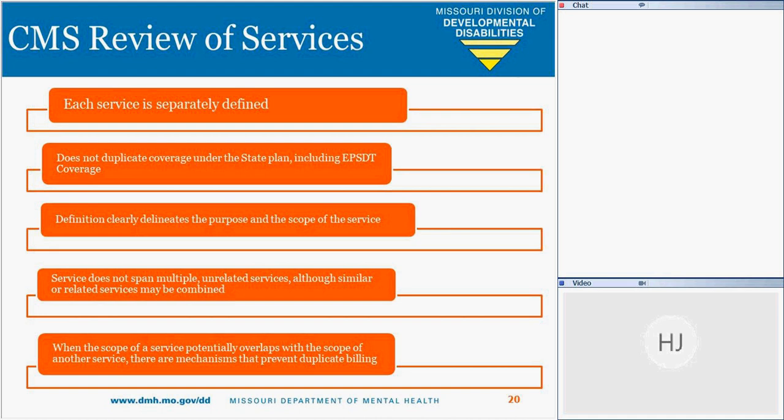When they look, they want to make sure that we're clearly delineating the purpose and the scope of the service, rather than spanning multiple unrelated services. They may be similar. Sometimes there's a combination, but we're not being repetitive. The services are supporting each other. When the scope of the service may potentially overlap the scope of another service, we have to ensure that there are mechanisms to prevent duplicate billing.